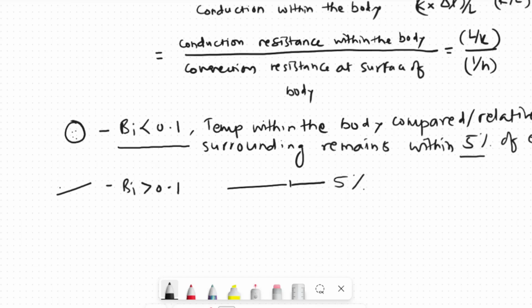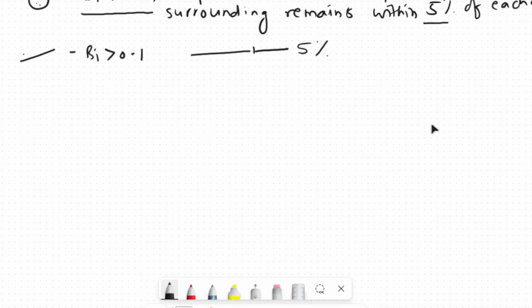Now, friends, there is one more important number related to lumped heat transfer or unsteady state heat transfer. This number is called the Fourier number. This number tells us about the transient behavior of the system.